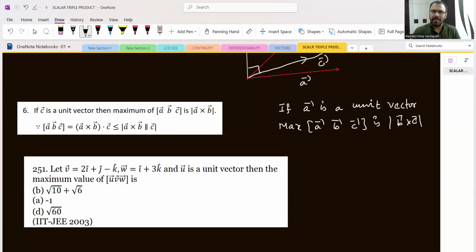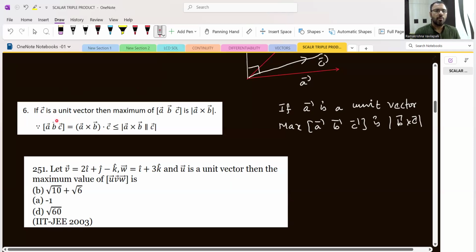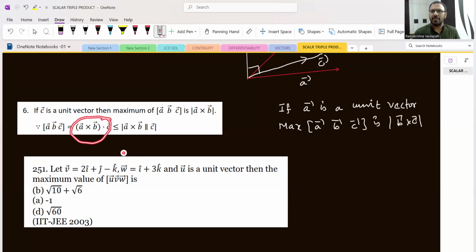It is just a simple application of the dot product. Box ABC is equal to A bar cross B bar dot C bar. The dot product of two vectors is always less than or equal to the product of the magnitudes of those vectors, as cos theta is less than or equal to 1.